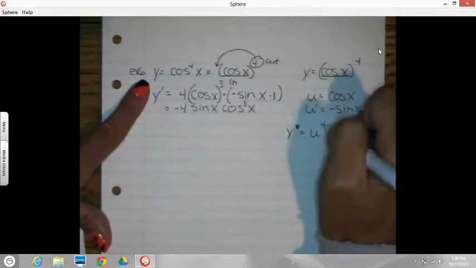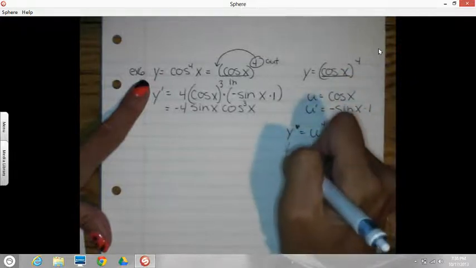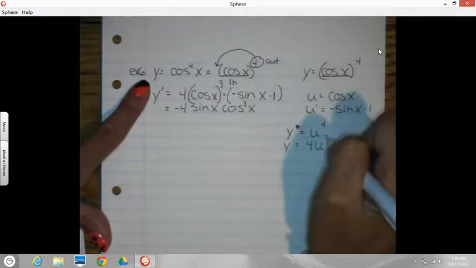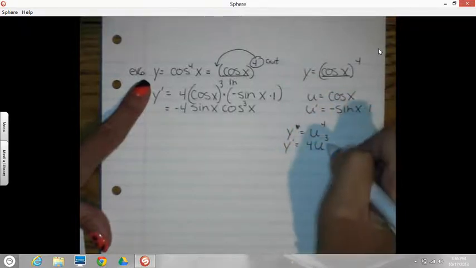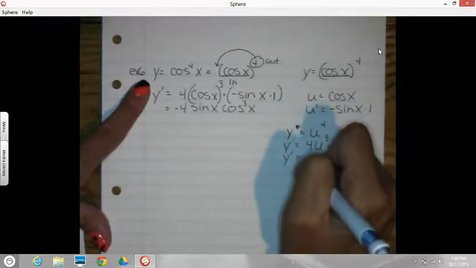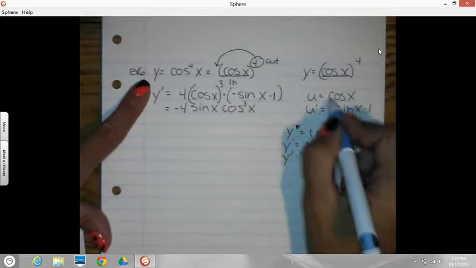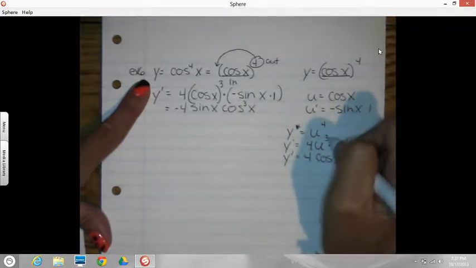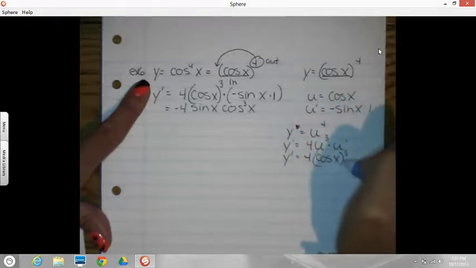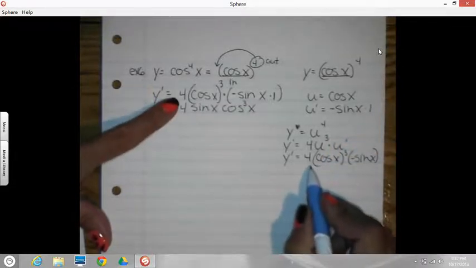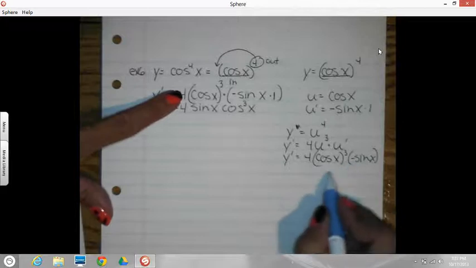I've got u to the 4th. So it's just a simple power rule now when I do the derivative. 4u cubed, now times u prime. Now we substitute back in. U is cosine x, and I've got to have that cubed. And u prime is negative sine x. So again, you can see we're right at this same line. Bring this to the front, and it's done.